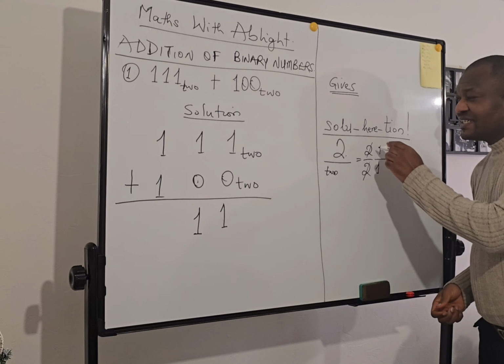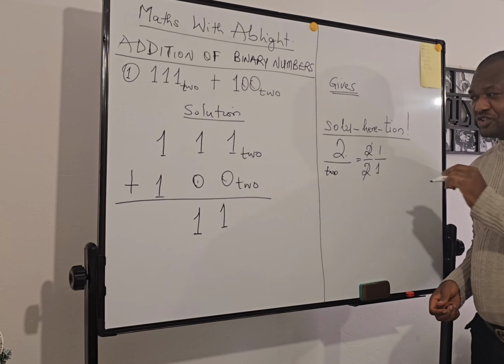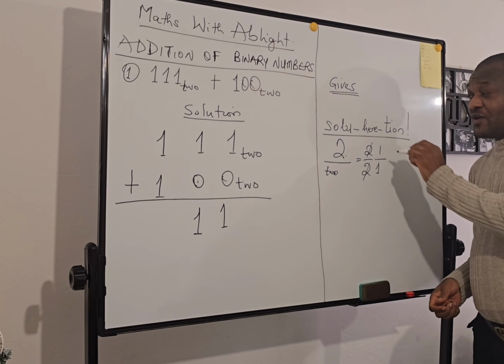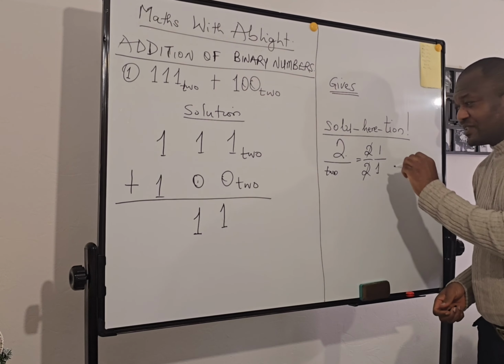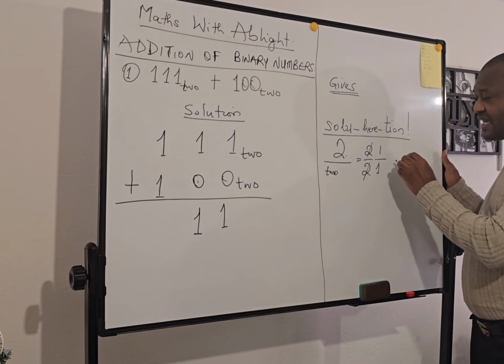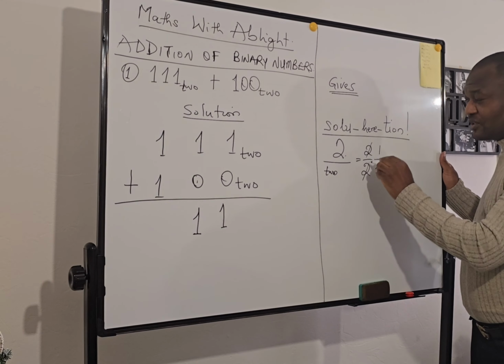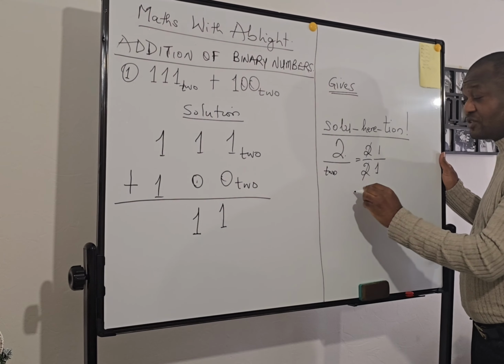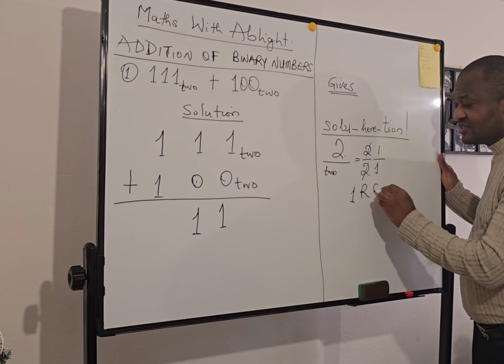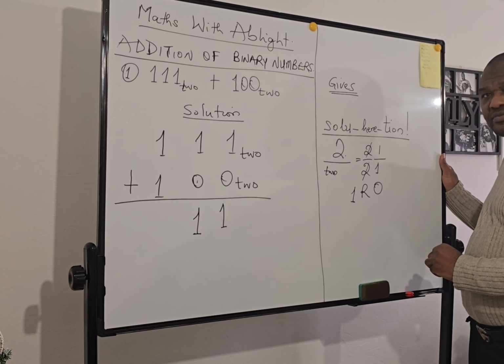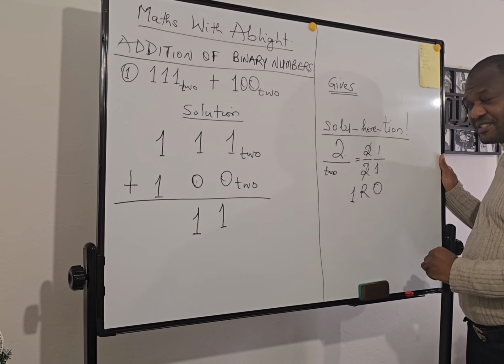You simply say slight cancellation because it's a slight one. Slight cancellation jives 1. And then at the end, 2 divided by 2 would have given you 1, remainder 0.